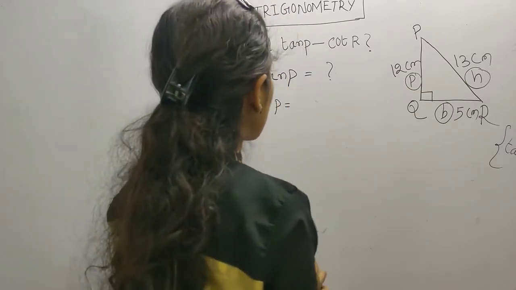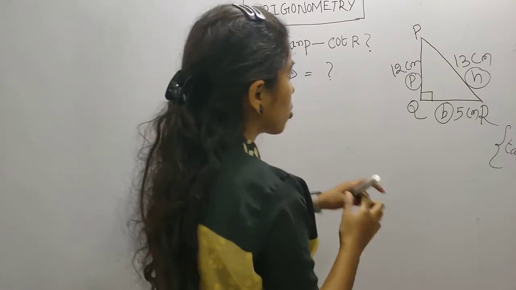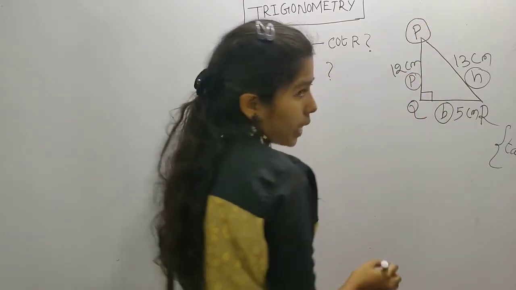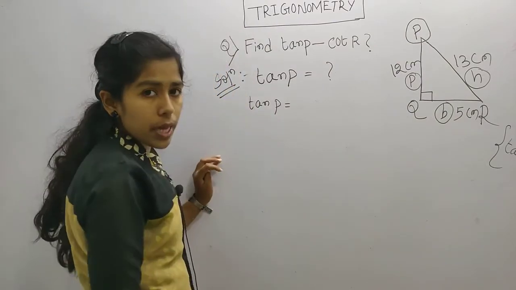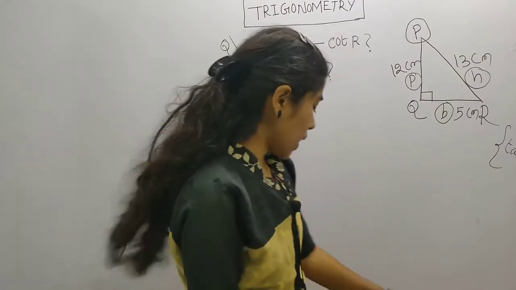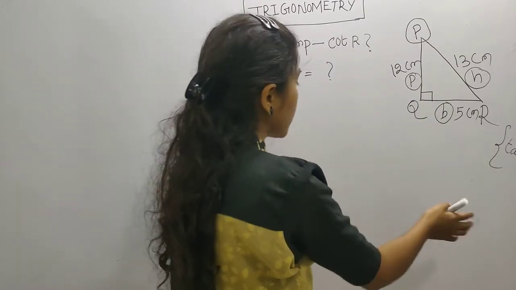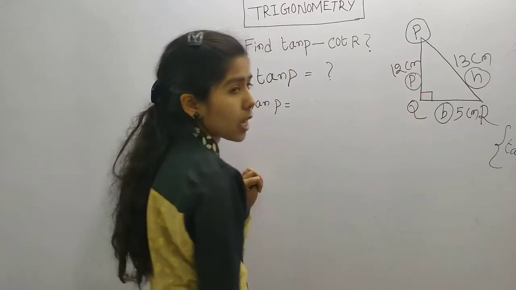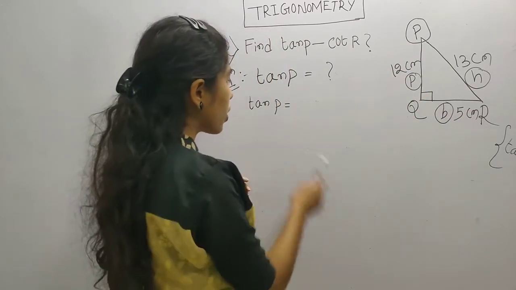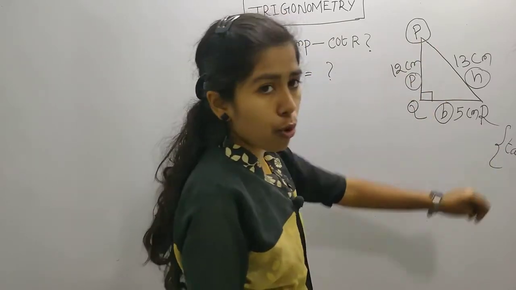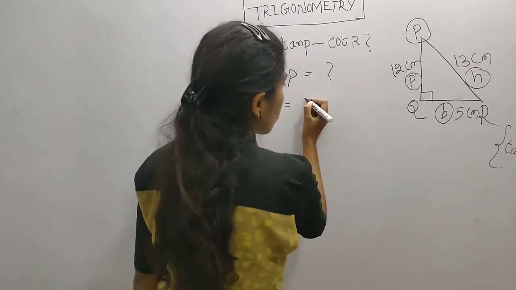Here our main focus is angle P, because tan P is given. What I said, whichever angle is given, the opposite side to that angle is the perpendicular. So here P is given, so the opposite side of angle P is QR.